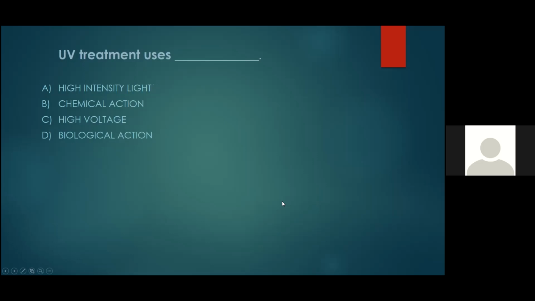Ultraviolet, or UV, we talked a little bit about as a treatment process. What does it use to do the treatment? Perfect, high intensity light. We know that UV uses a wavelength of 254 nanometers, and with that wavelength, it will deactivate the DNA inside the bacteria cells and the pathogens.